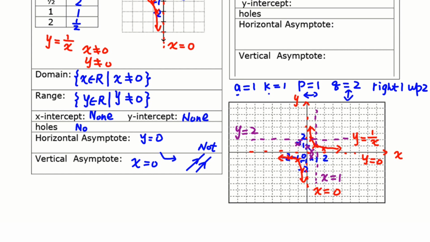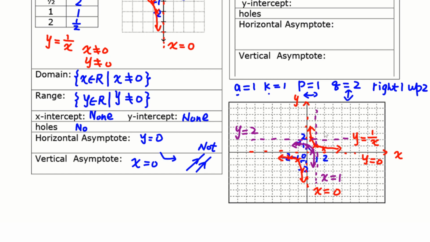The reason for that is this one is negative 2, so negative 2 up 2 is on the x-axis. Then we have these 3 points.